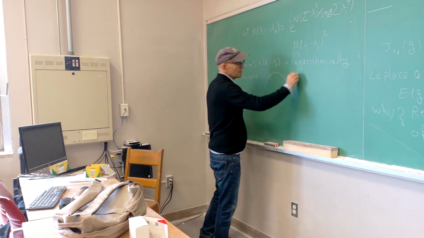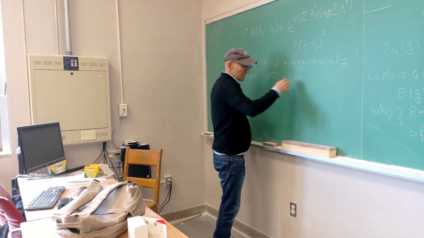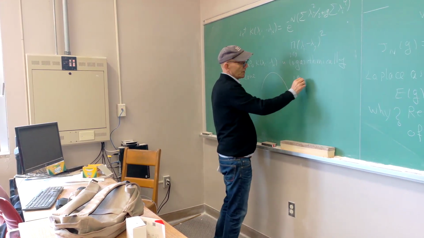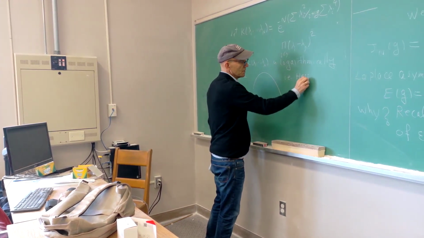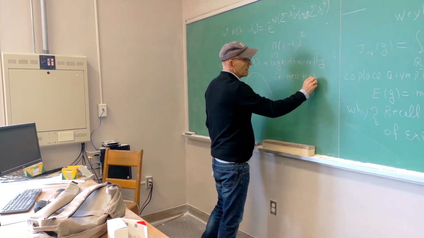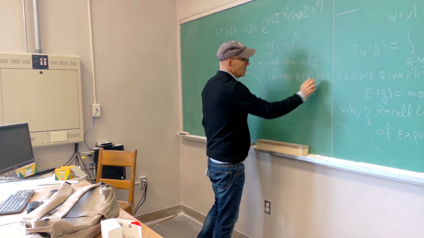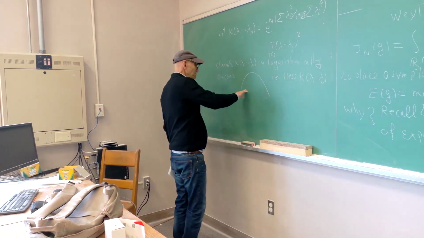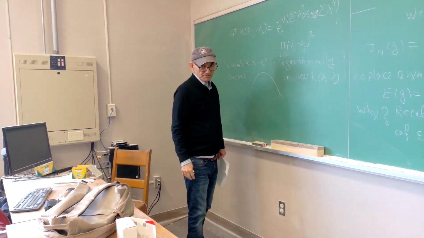So it means that the second derivative of this function, the Hessian of k at any lambda, is always strictly positive.